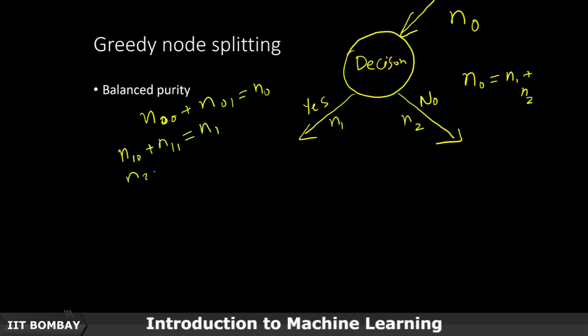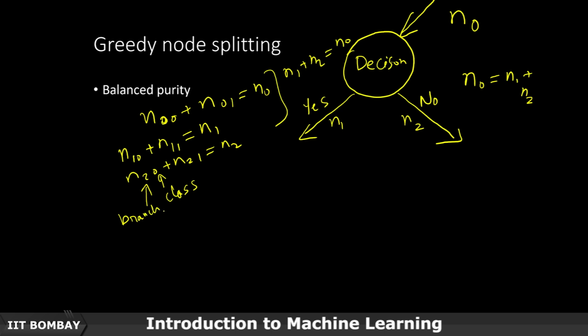We have n20 plus n21 samples that will give us n2 samples, and on top of that n1 plus n2 is equal to n0. Okay. So this is how the split is working. So the first index is an indicator of branch, and the second is an indicator of class.